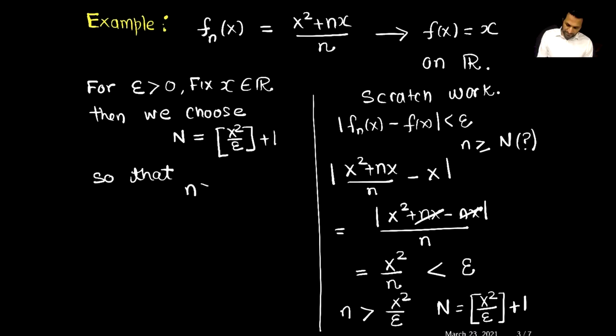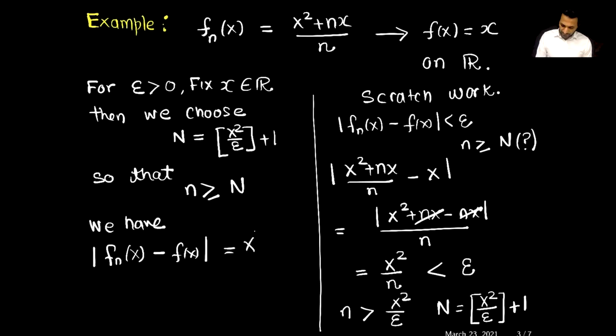when n is bigger than or equal to capital N, we have, as you can see, that if I choose my little n bigger than capital N, then the distance between f_n of x minus f of x will be equal to x square over n, but n is bigger than or equal to capital N, and the capital N is defined as the greatest integer of x square over epsilon plus 1.